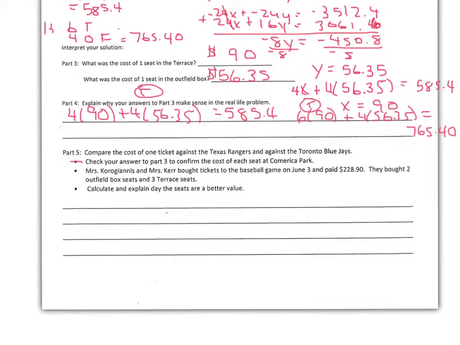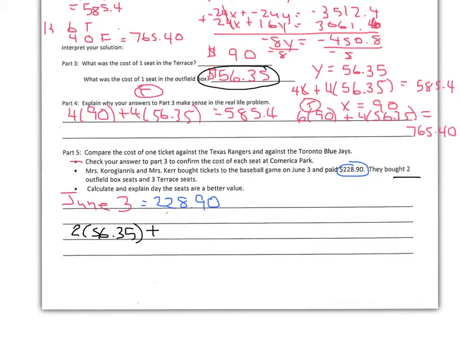So Mrs. K and Mrs. Kerr bought tickets to the baseball game on June 3rd. So they tell us the June 3rd price was the $228.90. Now, if we would have bought 2 tickets for the outfield box, we use this price plus the 3 tickets with a $90 price tag.